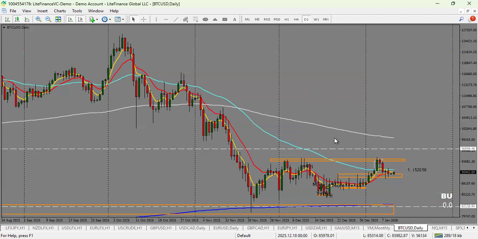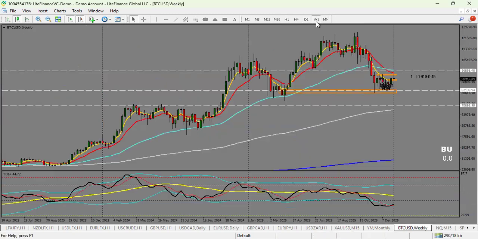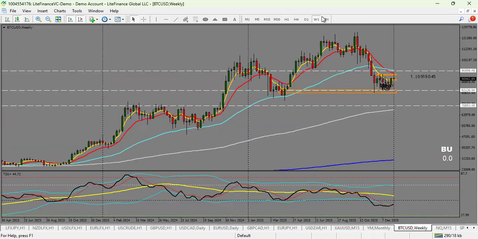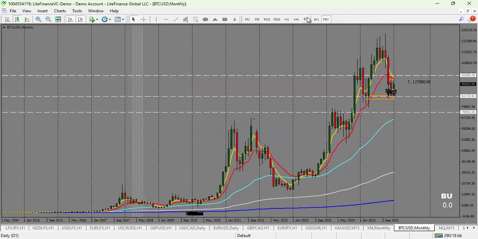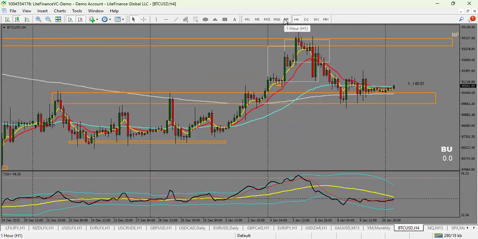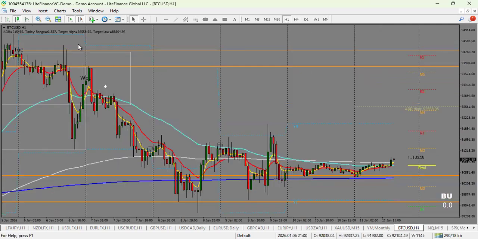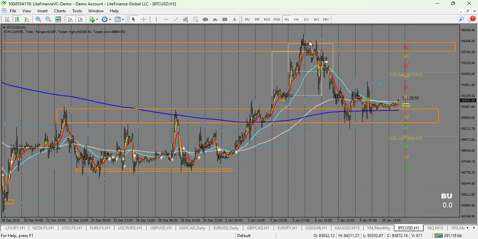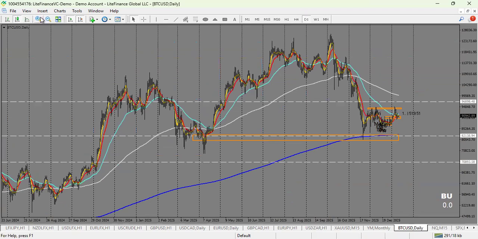Oh, yes. On the daily time frame, you see this area of resistance has held. Price is now at this support level, the weekly candle. I think we can have a temporary buy, but I strongly believe it will continue to sell.